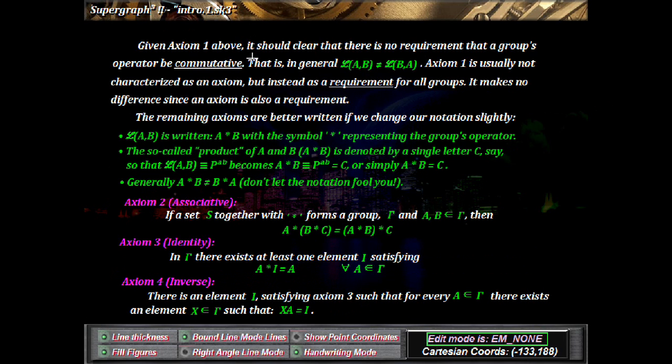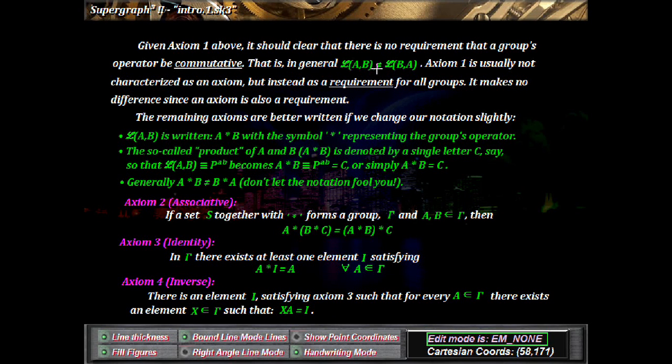Okay, so now I just wanted to make clear here, and it should be fairly clear from the way I've defined it, that I've not given any requirement that the operator L here be commutative. That means that I can commute the letters and get the same result.